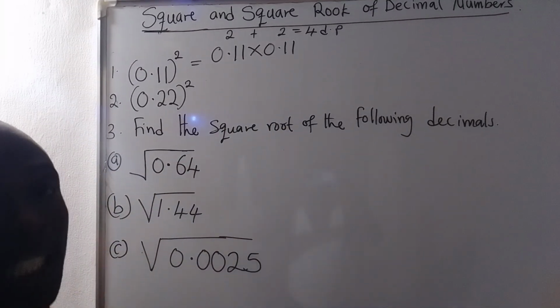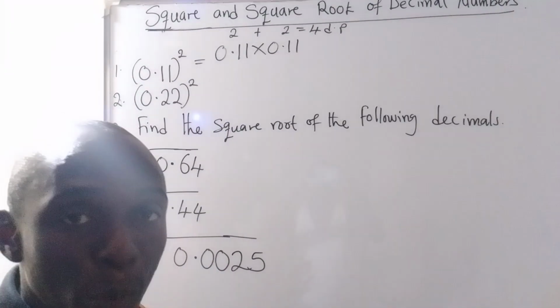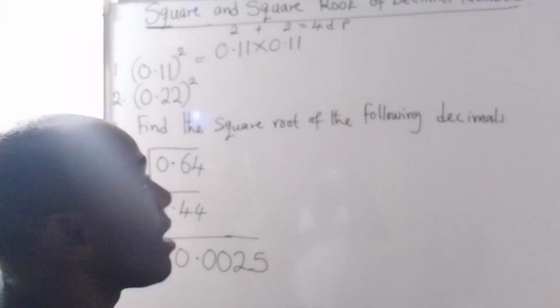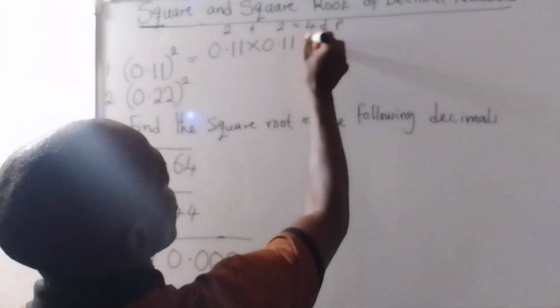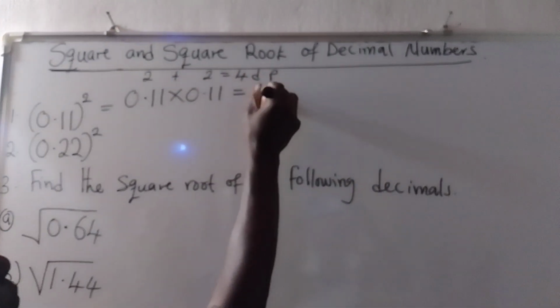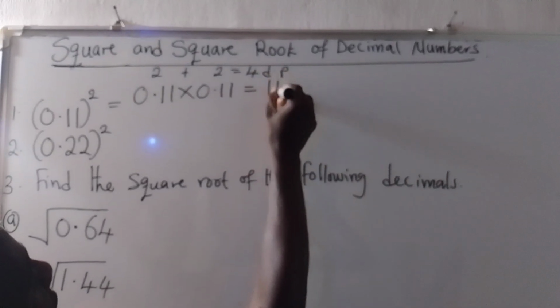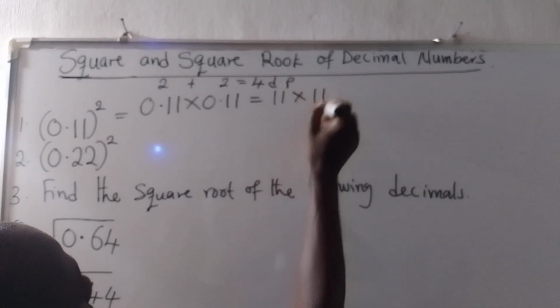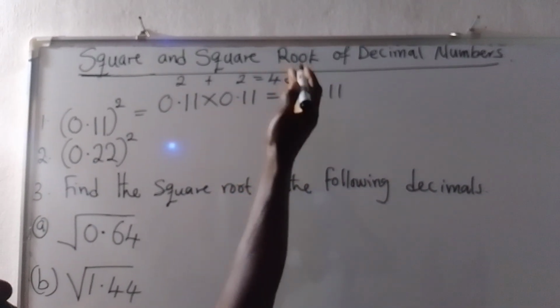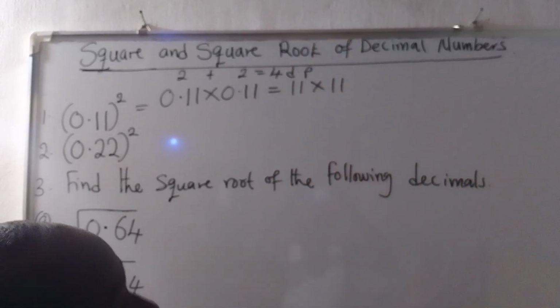So we can now confidently remove the decimal point and multiply before we return back the decimal point. 0.11 is the same thing as 11 multiplied by 11, or 0.11 multiplied by 0.11.